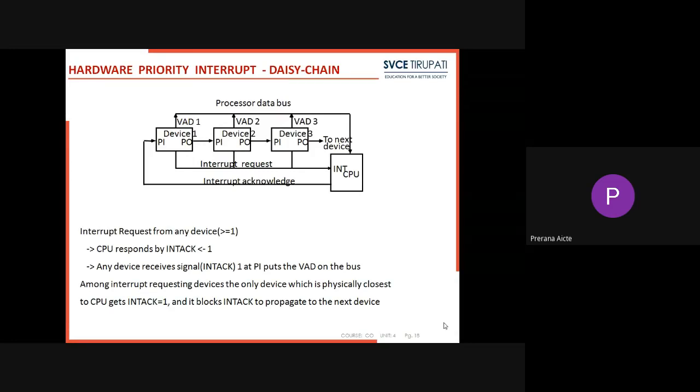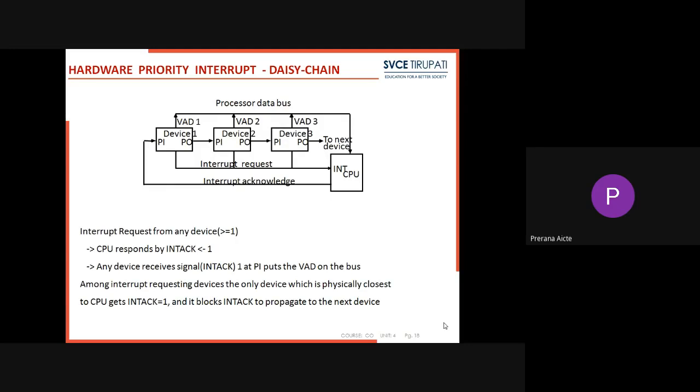A device that is requesting an interrupt and has 1 in its priority input will intercept the acknowledgement signal by placing 0 in its priority output. If a device does not have pending interrupts, it transmits the acknowledgement signal to the next device by placing 1 in its priority output.